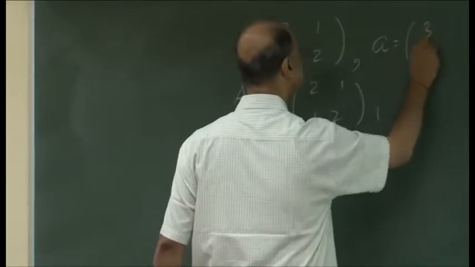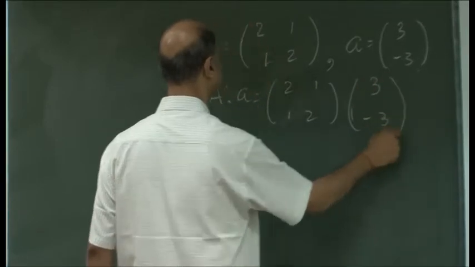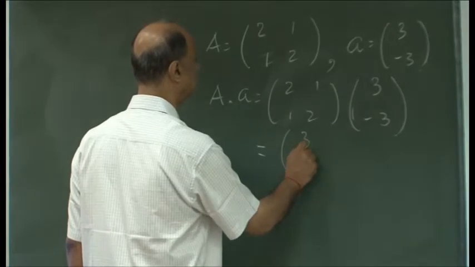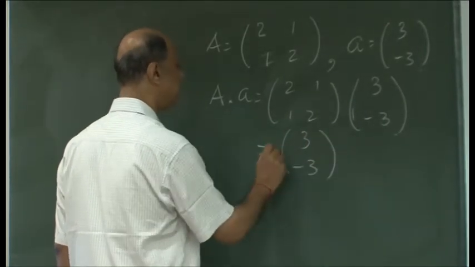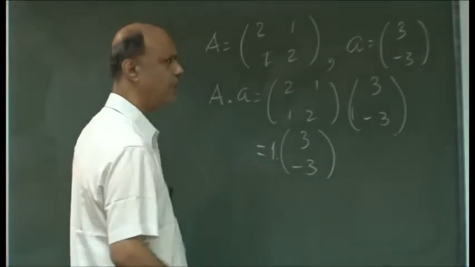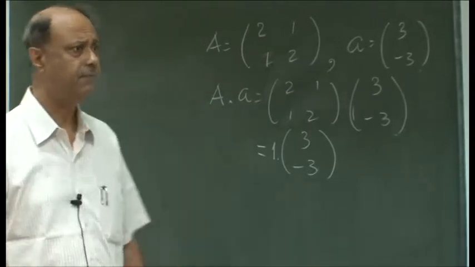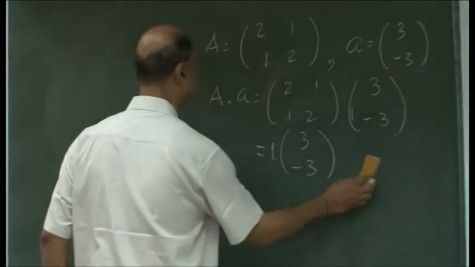But if I consider 3 minus 3, this becomes lambda is 1 and this can be expressed in the form of A. So, it is an eigenvector.